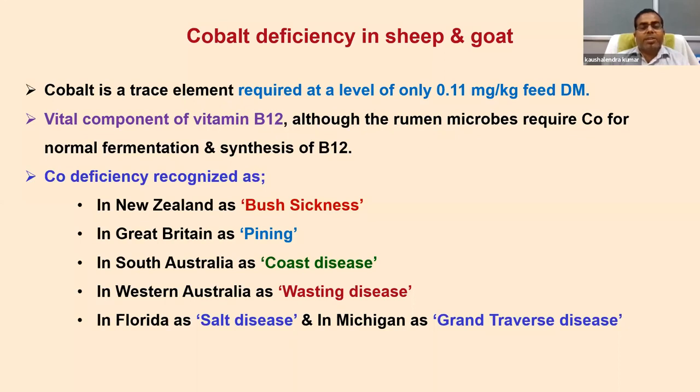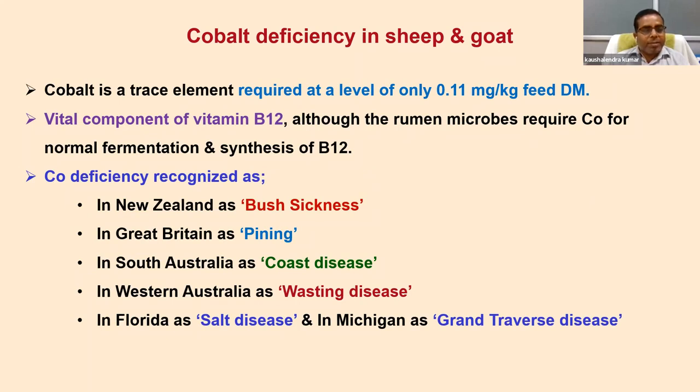So dietary supplementation of cobalt is required for optimum synthesis of vitamin B12, or cyanocobalamin, in ruminants. So we must ensure that the mineral mixture we supplement contains an optimum amount of cobalt. That will help in cyanocobalamin synthesis in sheep and goat.